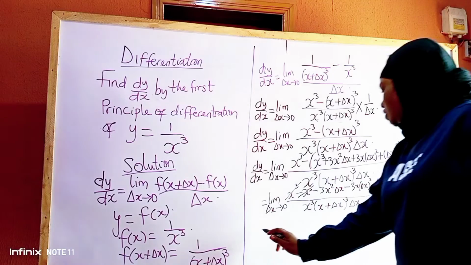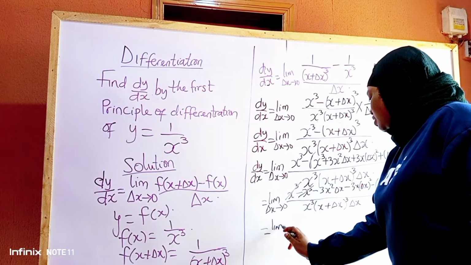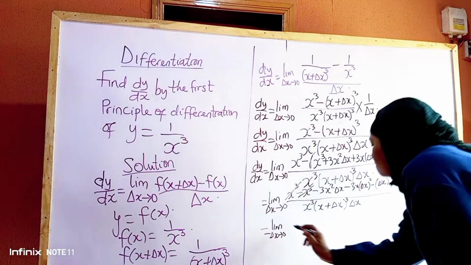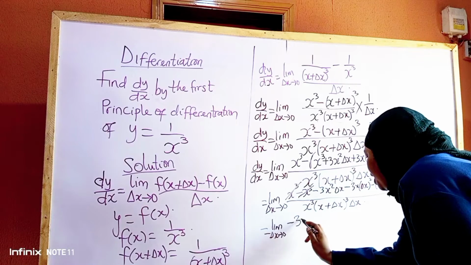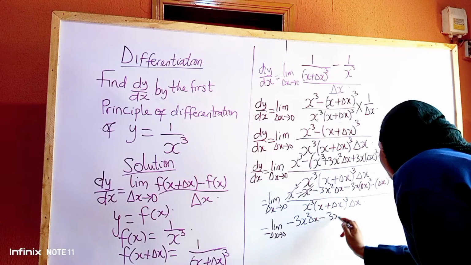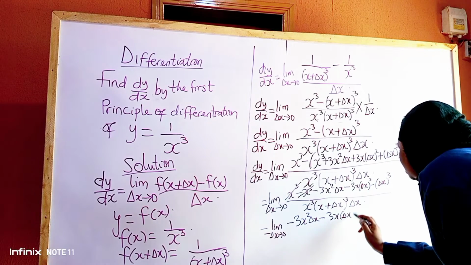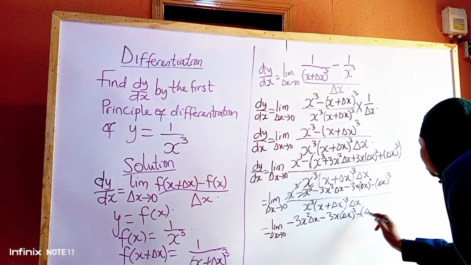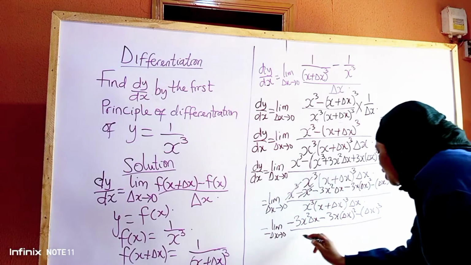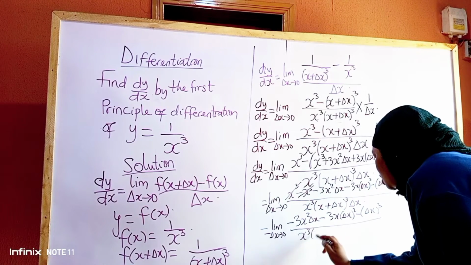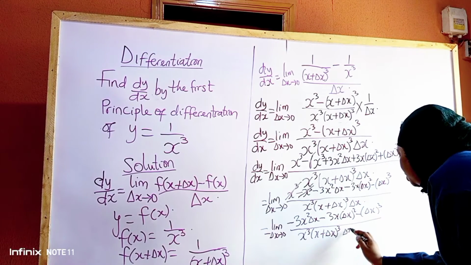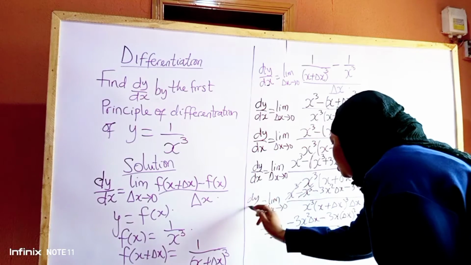So I'm left with the limit as change in x tends to 0 of minus 3x squared change in x minus 3x change in x squared minus change in x cubed, everything over x cubed, x plus change in x cubed, then change in x.